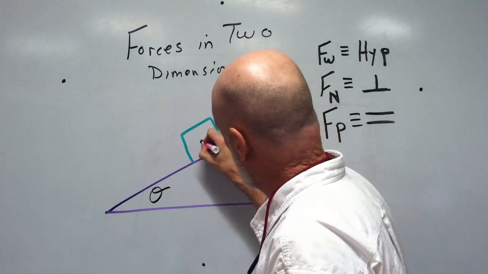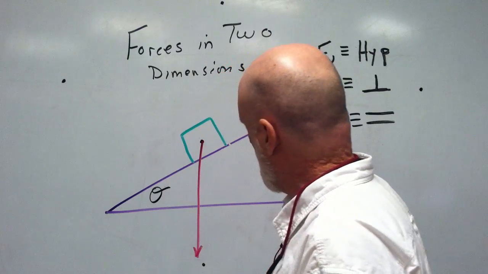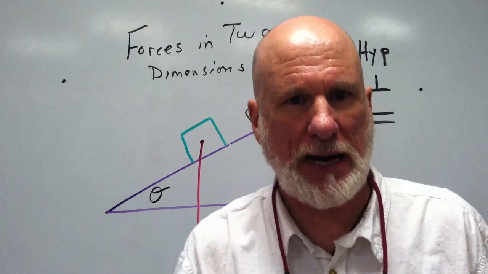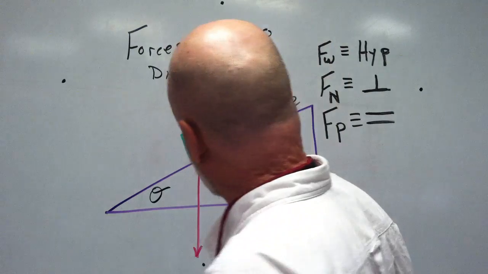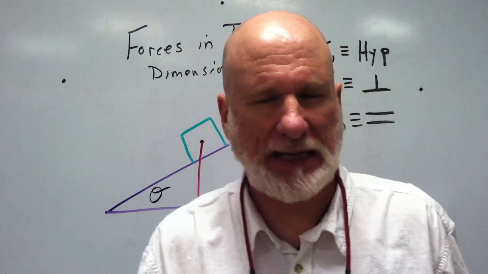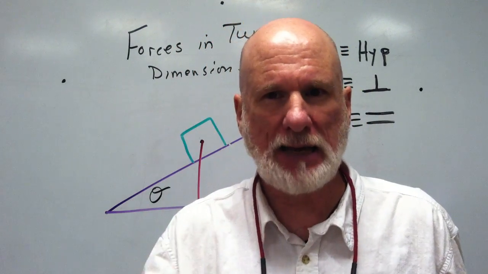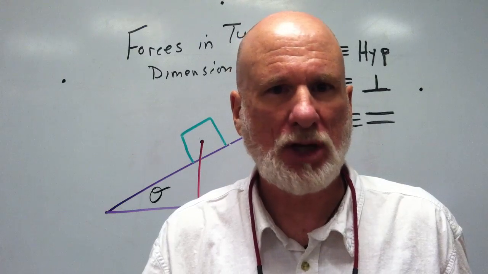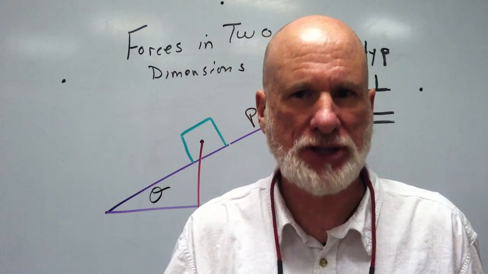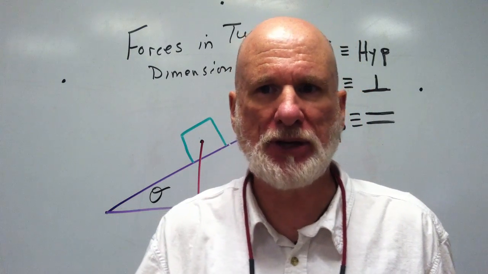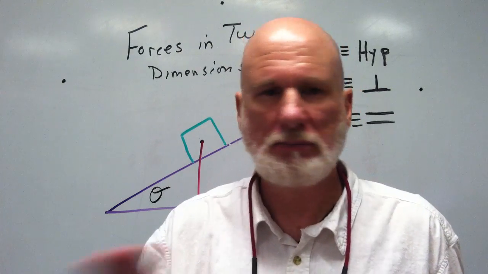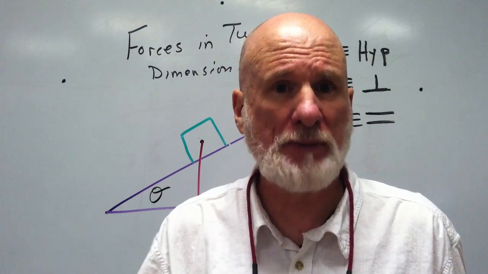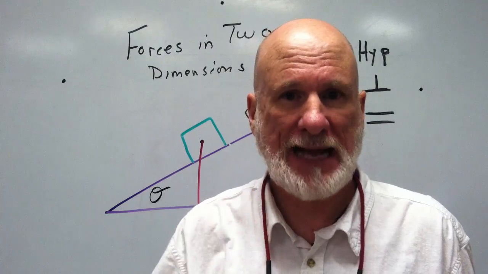Now, I'm going to exaggerate it a little bit, and it may not be perfect. I'm doing it freehand, but it's going to be close enough to understand. All right, so Fw, straight down, every time, and that forms the hypotenuse. That's key.